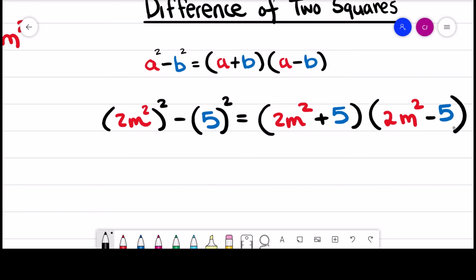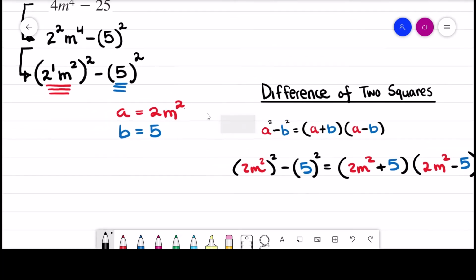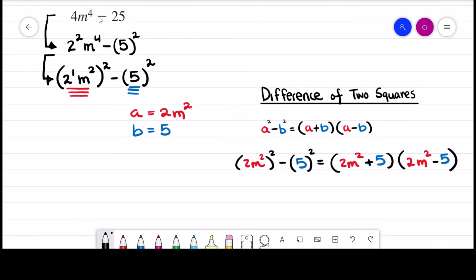So there you have it, guys. We went from 4m to the 4th power minus 25, and we were able to rewrite it in such a way that we could use the difference of two squares factoring pattern.